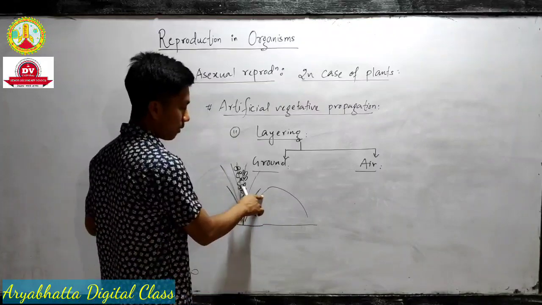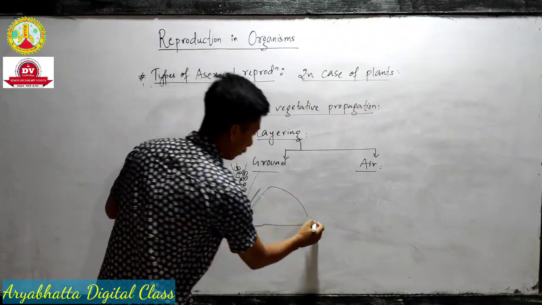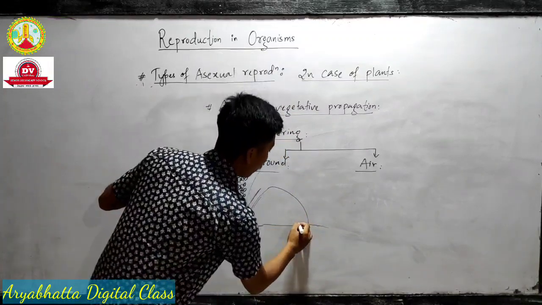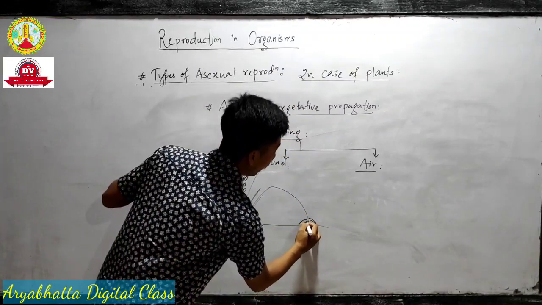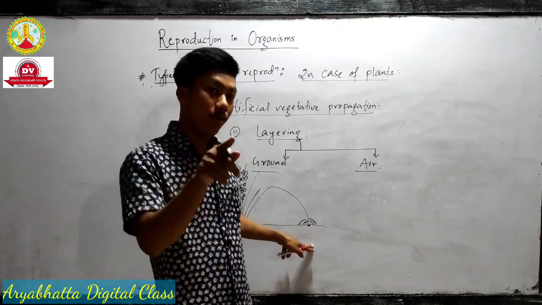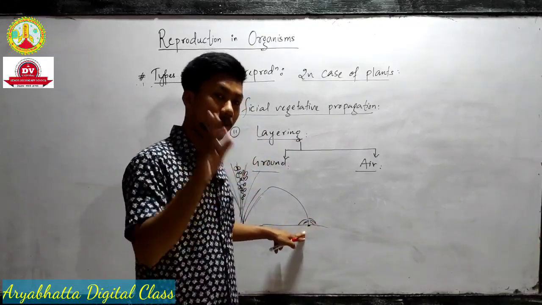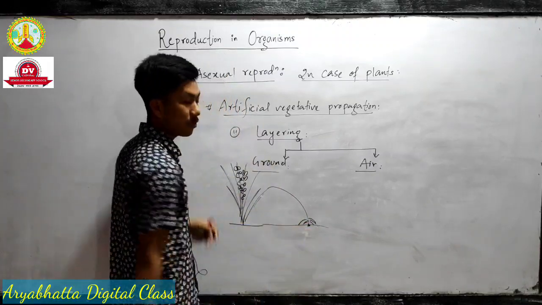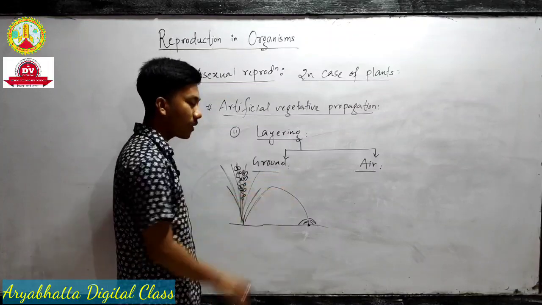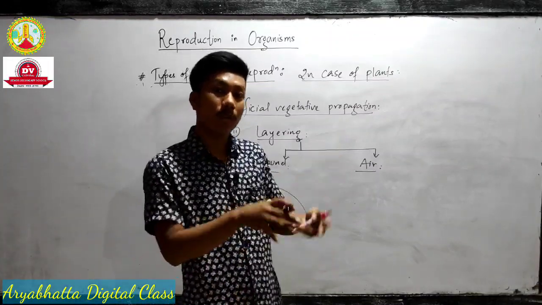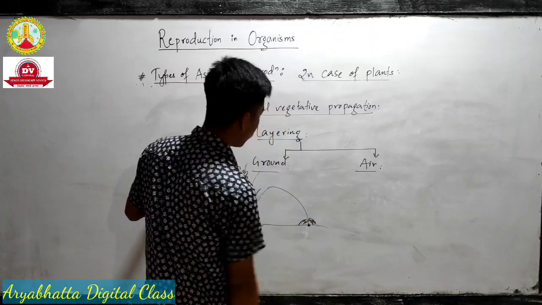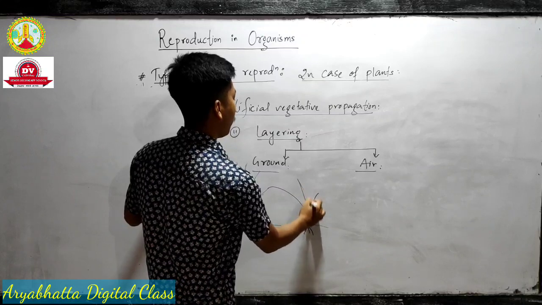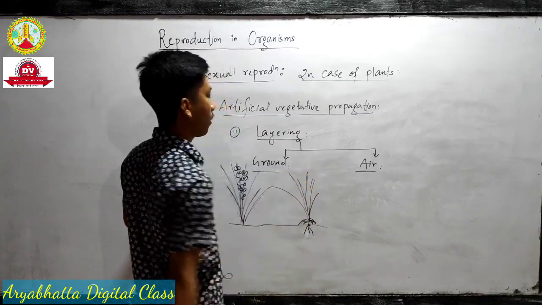When it comes in contact with the soil, we cover it with more soil, and make sure that the stem has nodes and that the nodes region is placed towards the soil. After some days, we find that roots arise and a new plant body develops. Very easy. This process is known as ground layering.